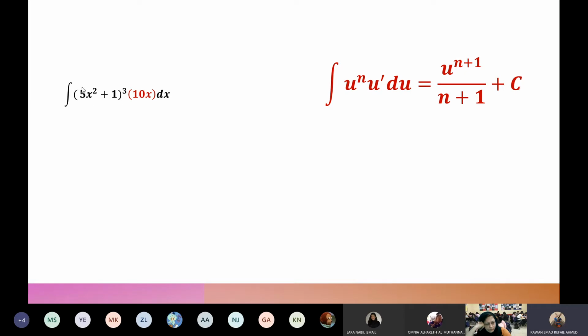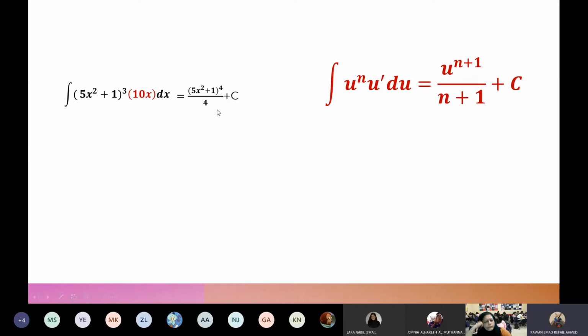First, let's find the more complex function, the one with the power, and identify our u, which is the inner function, 5x squared plus 1, and get its derivative. The derivative is present, so all we have to do is the power rule, which is to add 1 to the power and then divide by the same number.